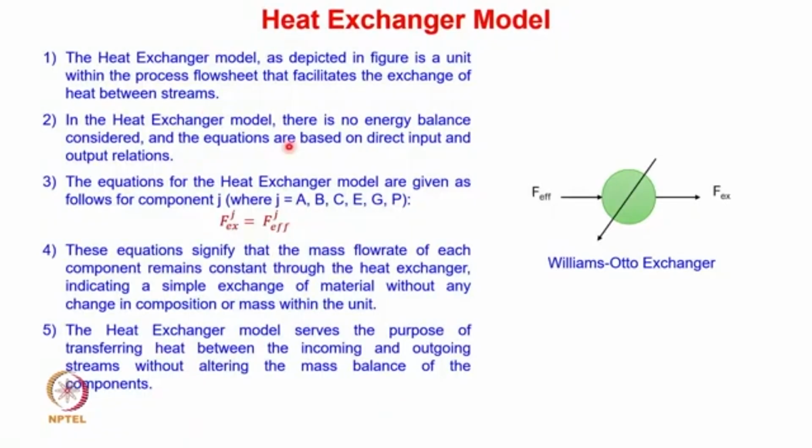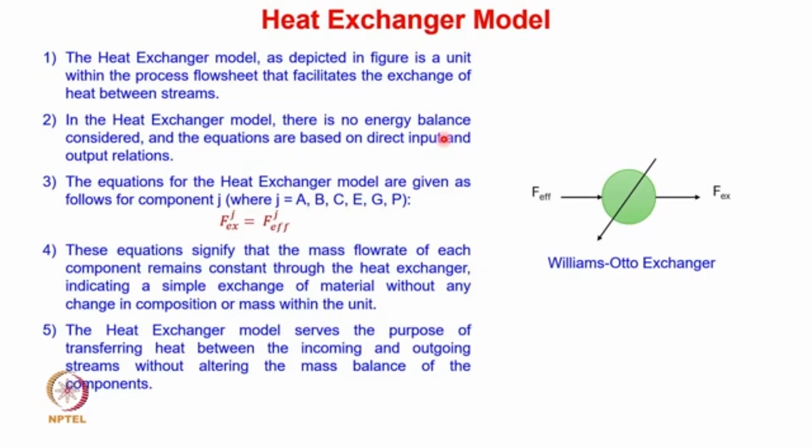If you consider the heat balance here, the heat lost by the effluent will be nothing but the heat gained by the coolant which is flowing through the heat exchanger.